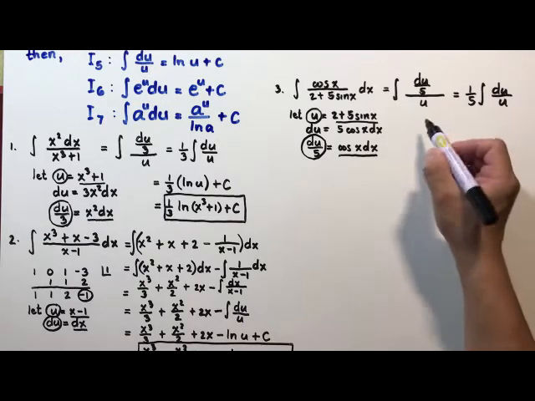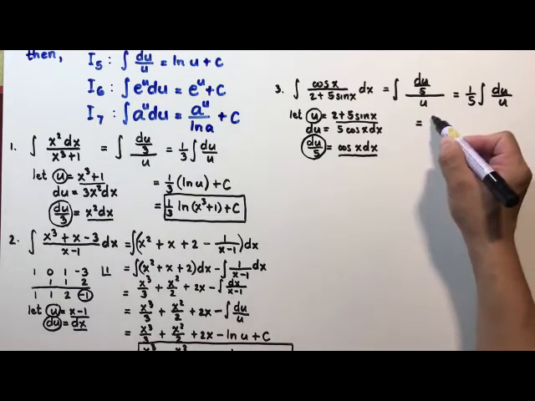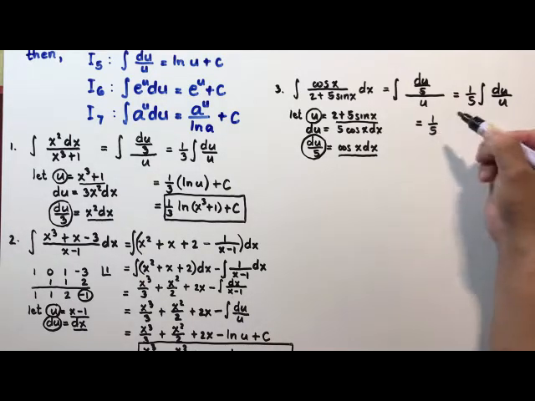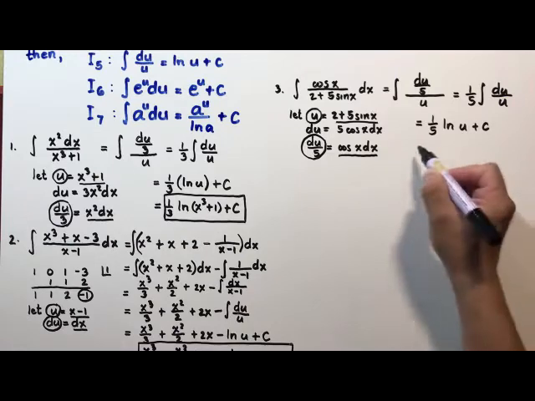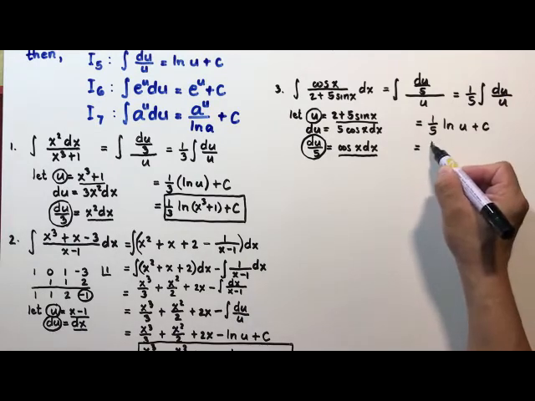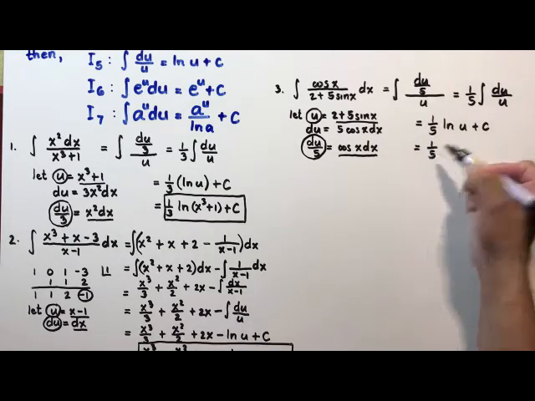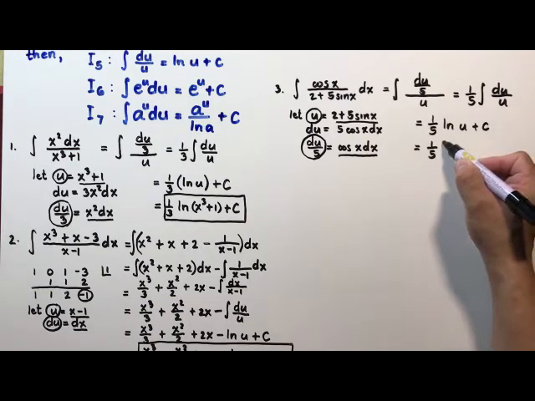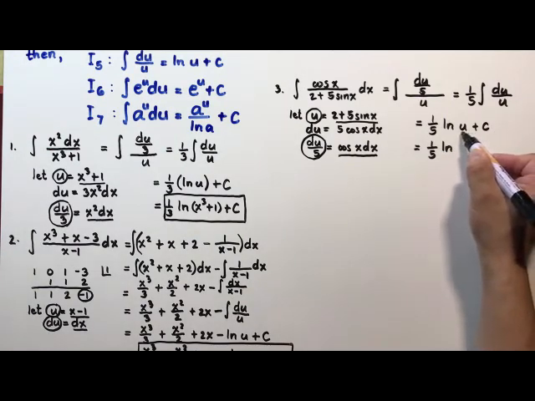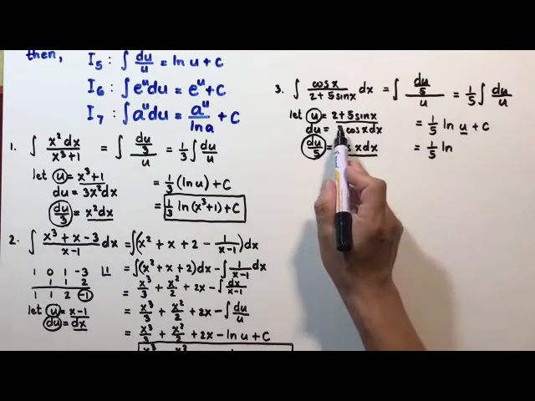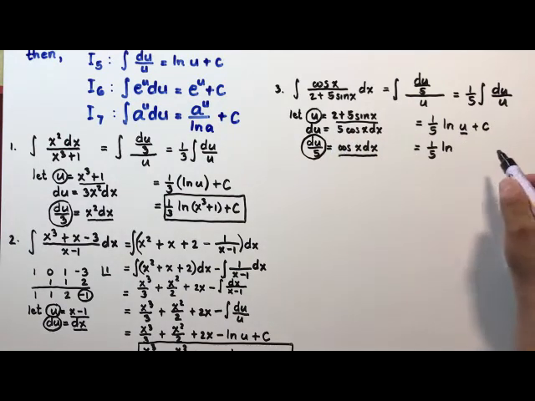So I can apply that. That is equal to 1/5 times the natural log of u plus c. But of course, we need to go back to the original variable of the function, which is in terms of x. And we know that our u is just 2 plus 5 sine x.